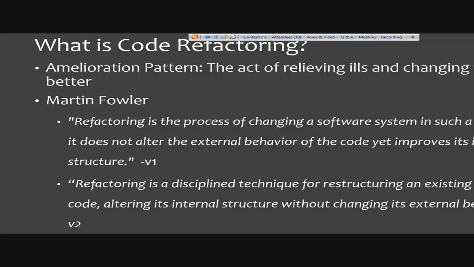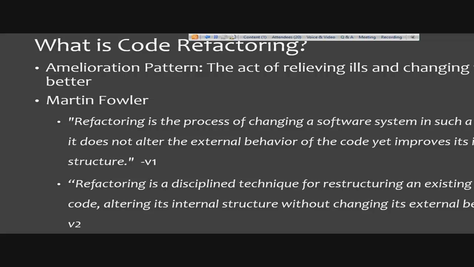But on the new refactoring site, he has changed that definition slightly, and what he's saying is, refactoring is a disciplined technique for restructuring an existing body of code, altering its internal structure without changing its external behavior. He made it a discipline now.